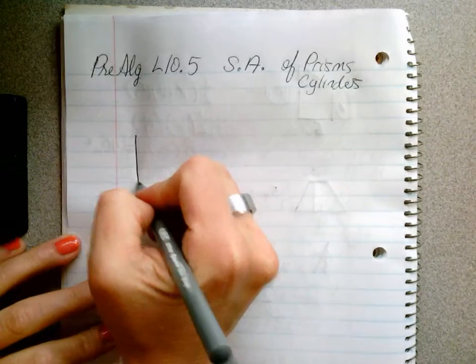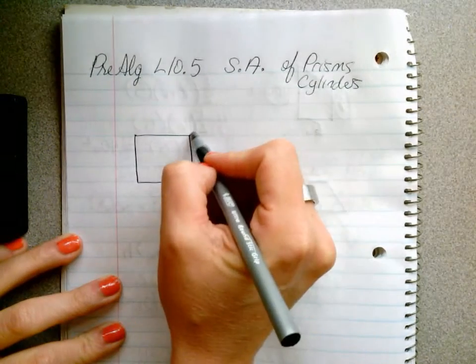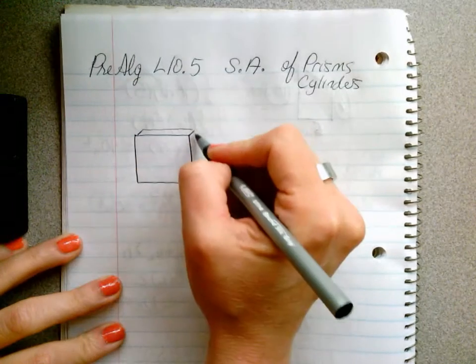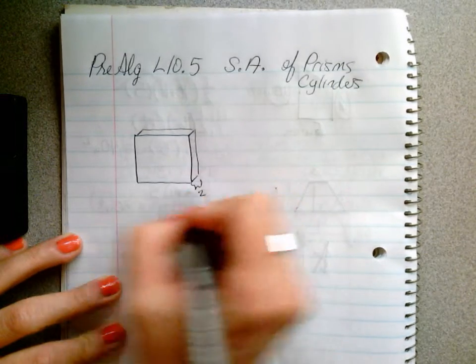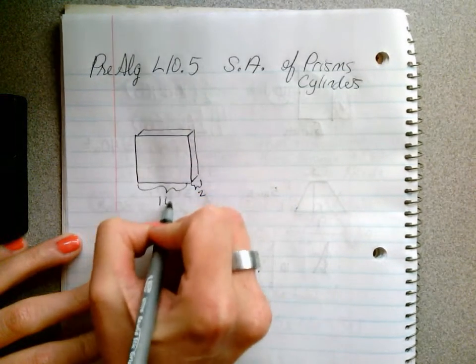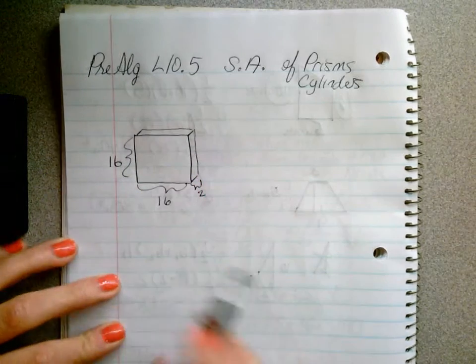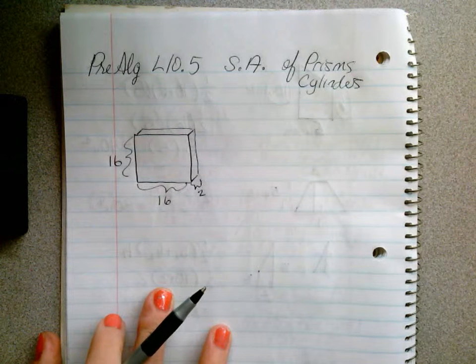Or you could look at the pizza box, and as horribly artistic as I am not, I'm sketching it, kind of looking down on it. You can use those three pieces of information to find the surface area of the pizza box.